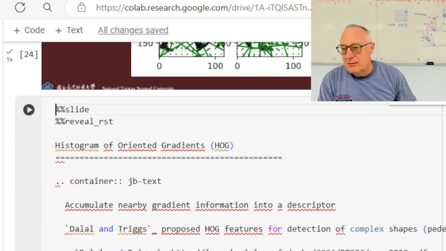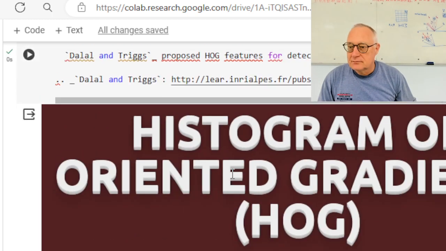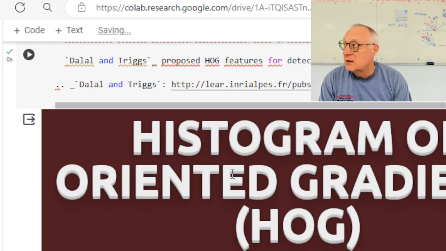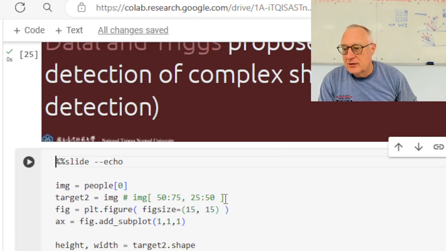And then the histogram of oriented gradients is an algorithm proposed by Dalal and Triggs that has been shown to work very efficiently for detecting complex shapes like people, other kinds of features or objects.